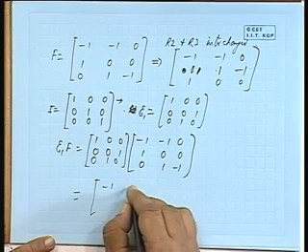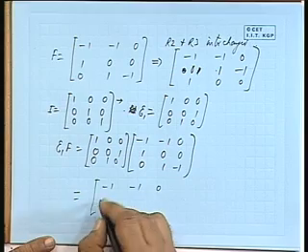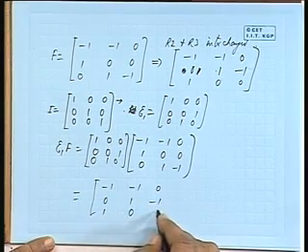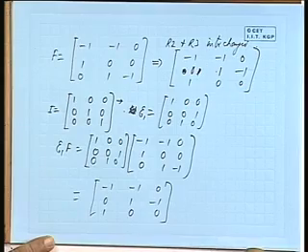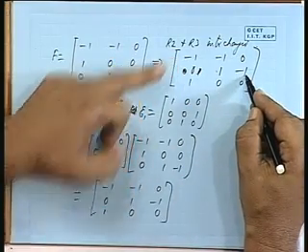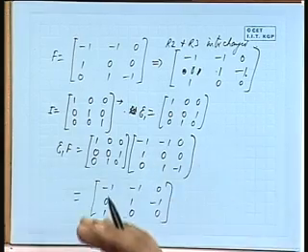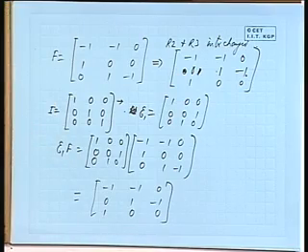You are getting minus 1, 0, 0, 1, minus 1, 1, 0, 0. It is the same as this one. That means the interchange operation which we are doing on F is as good as multiplying F by an elementary matrix, with the same operation on the elementary matrix.